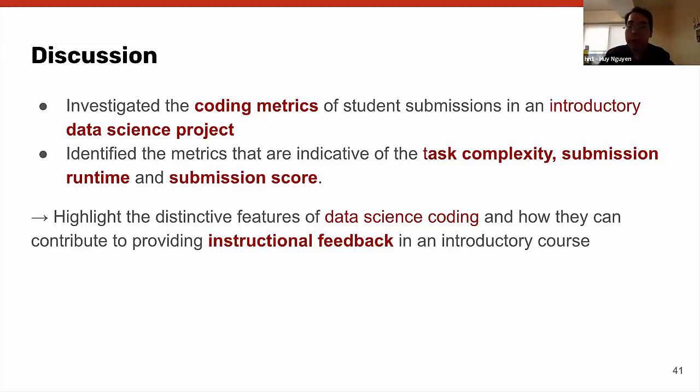We have identified the metrics that are indicative of the task complexity, the submission runtime, and the submission score. And here we will further discuss how these findings highlight the distinctive features of data science programming and how they can contribute to providing instructional feedback in an introductory course.